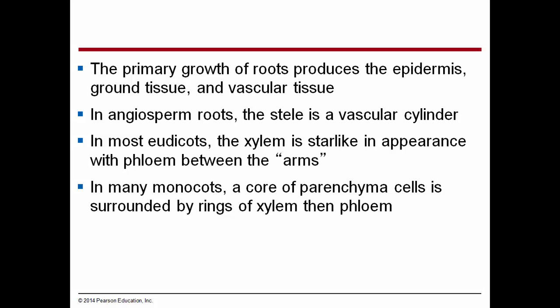The primary growth of roots produces the epidermis, the ground tissue, and the vascular tissue. In angiosperm roots, the stele is a vascular tissue, a vascular cylinder. In most eudicots, the xylem has a star-like appearance with the phloem between the arms. In many monocots, the core of parenchyma cells is surrounded by rings of xylem and then phloem.